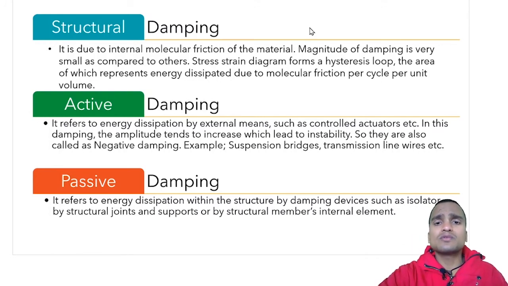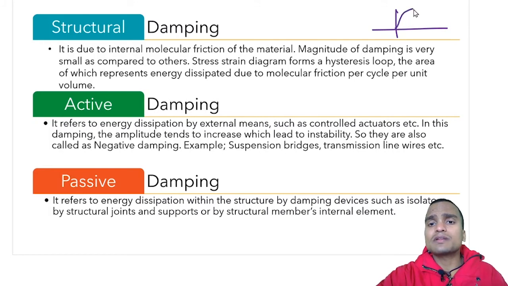What is a hysteresis loop? The stress strain diagram is not linear. Then what happens? They form a hysteresis loop like this. So this is one loop. In the second loop, if you draw, it will go inside and it will have a reduced proportionality, and again a loop is forming.